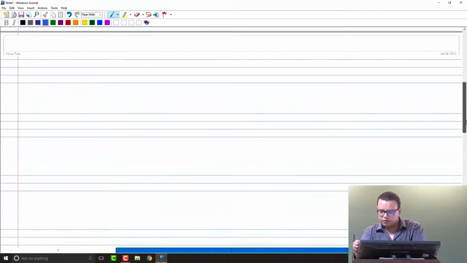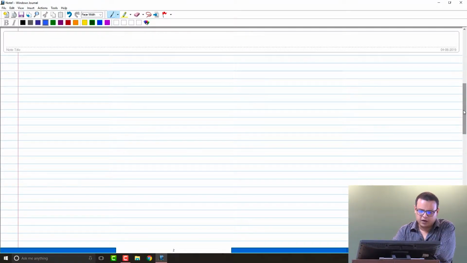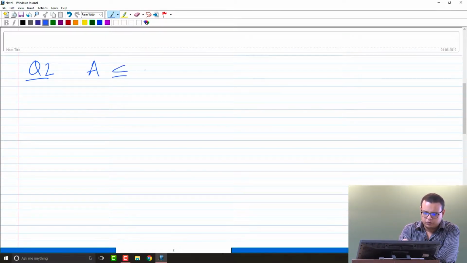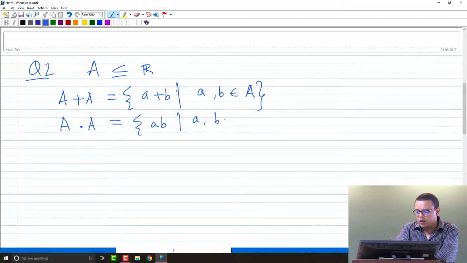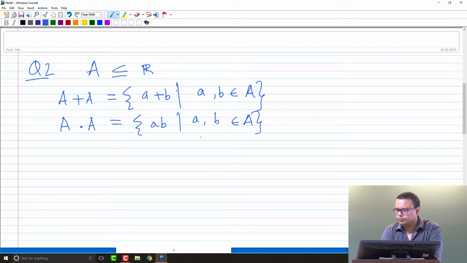So, let us go to new page. Let us say you have another question, question 2. You have a finite set A, a subset of R. You can define A plus A is equal to all a plus b such that a comma b belongs to A. And similarly, you can define A dot A, which is equal to ab such that a comma b belong to A. This will be a set, right?